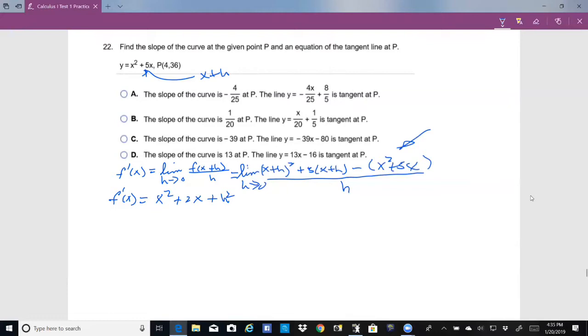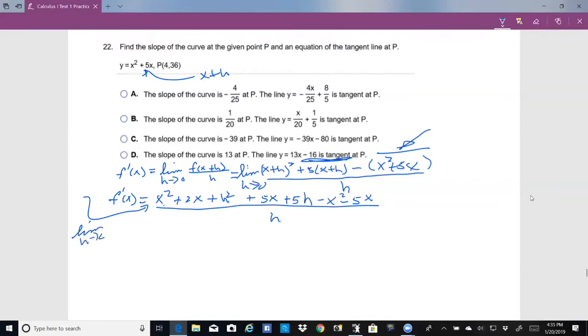That's x plus h quantity squared, plus this term is 5x plus 5h, and the last term is minus x squared minus 5x, and we want to divide by h, and we want the limit as h approaches 0.